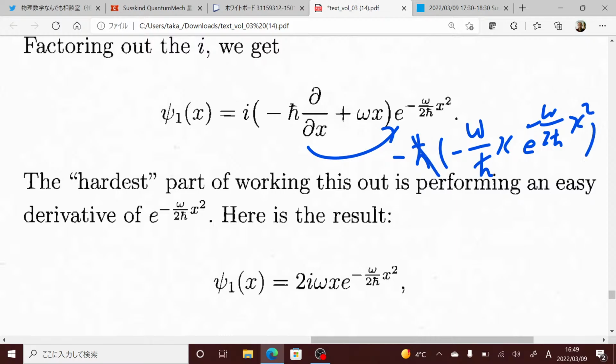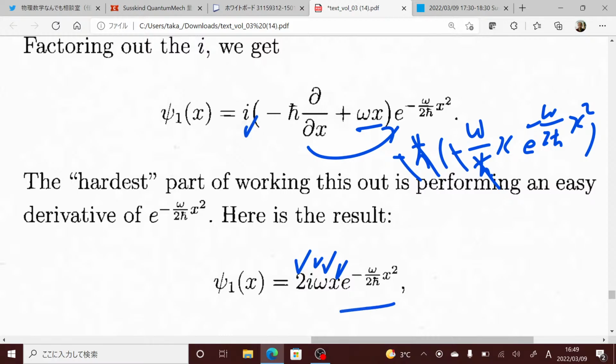So h bar cancels, i cancels, so you have omega x here and omega x here, so you have 2 omega x, then you have this i here.